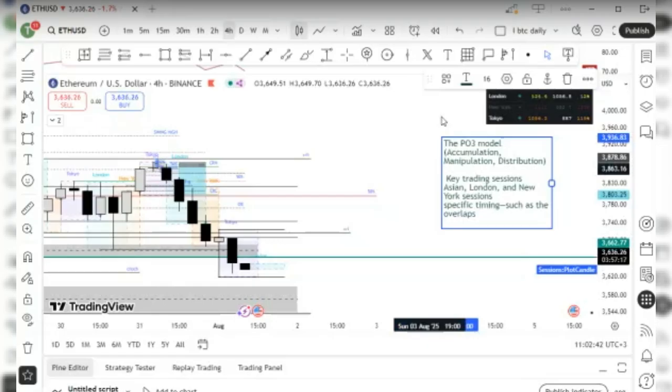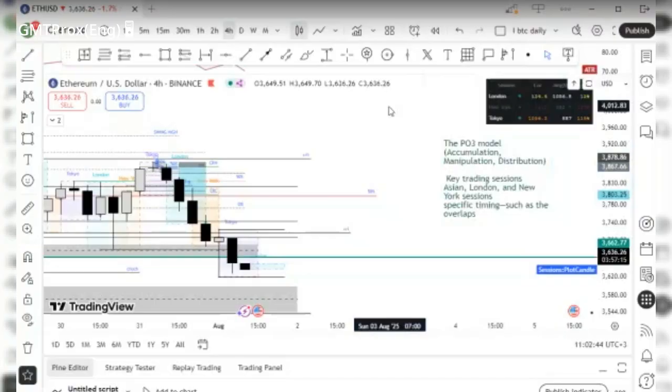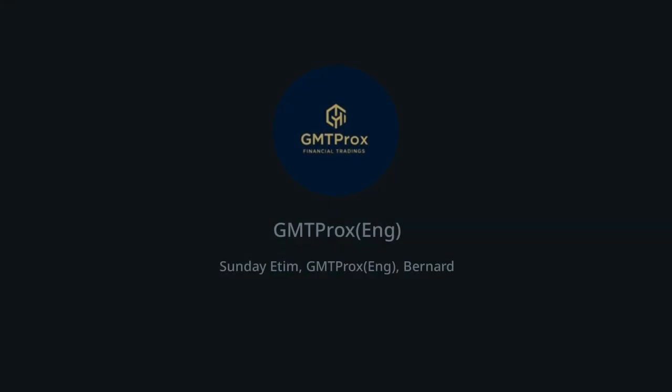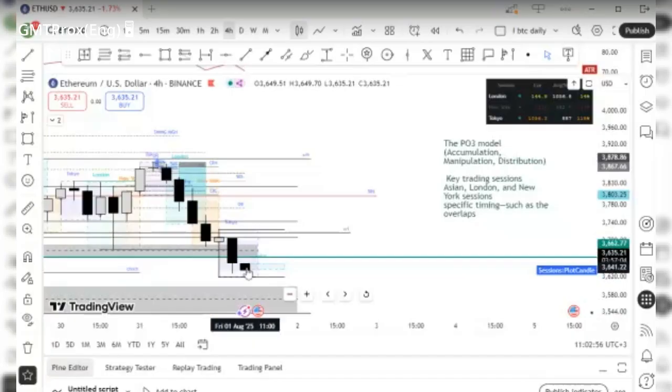Like we're doing here right now in Ethereum. You see now this is a 4 hour time frame, and we have started a new candle. This is a new candle within a range. So it's not necessary to have only 3 candles. It can be many. Now, you see, this is our daily high.